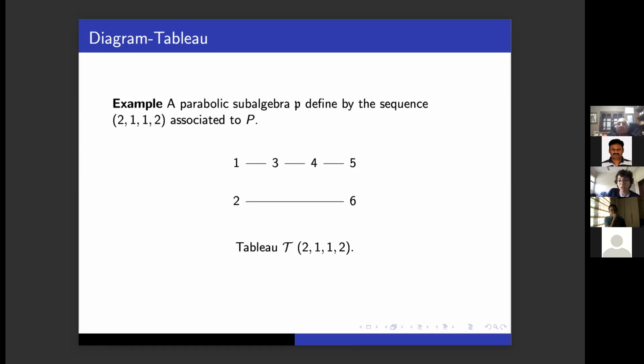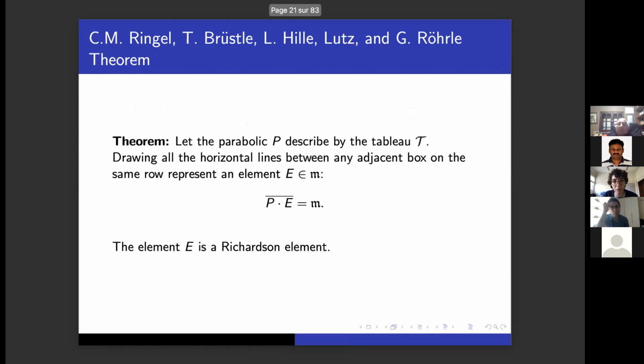Okay, so if I want to draw lines, the obvious way is to just draw horizontal lines. How would you read these horizontal lines? I would read this whole diagram as an element of M, which is the sum of the representatives of each line, meaning x13 plus x34 plus x45 plus x26. This has an interesting property, given by Ringel and his co-author.